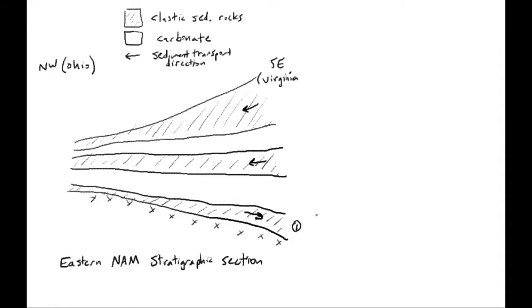This is Lower Cambrian. Cambrian is the first time part of the Paleozoic. So Lower Cambrian to Precambrian clastic sequence.